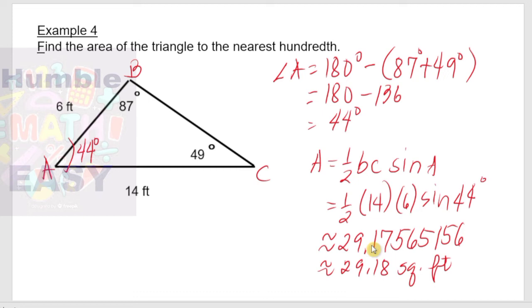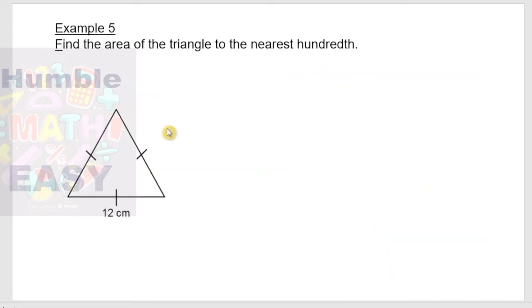Okay, so this is now the answer in this example. Let's proceed to the next example: find the area of the triangle to the nearest hundredth. Take note that this kind of triangle is an equilateral triangle. So if this side is 12, the other sides are also 12, and the angles are all equal, with a value of 60.